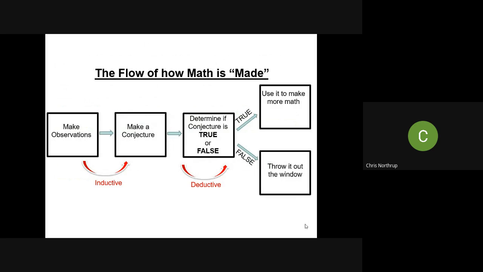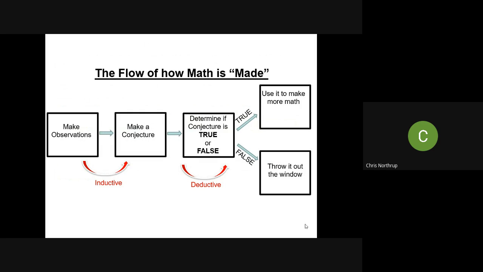Once we make a conjecture or educated guesses, we want to determine if those are true or false. If we can verify that they're true through a logical argument, we're then going to use deductive reasoning to show that it's true. Now, if it is true, we can use that to make more math. If it's false, we ignore it. We don't use it anymore. Throw it out the window.